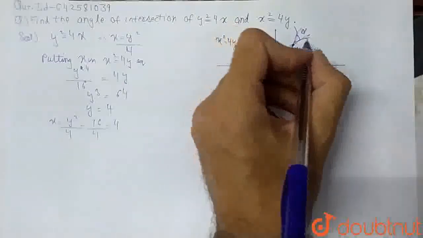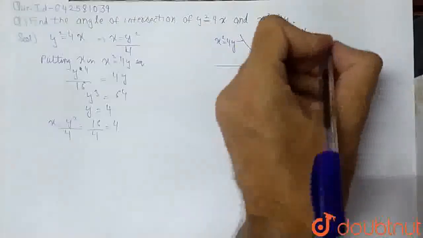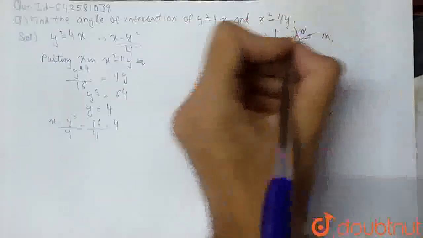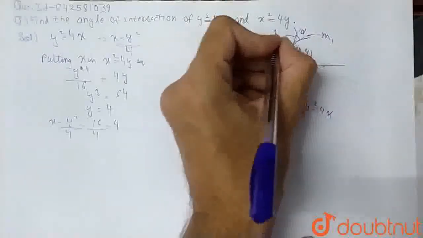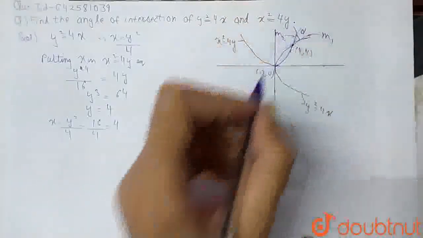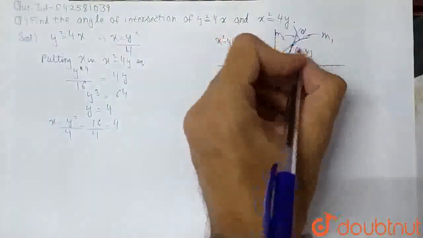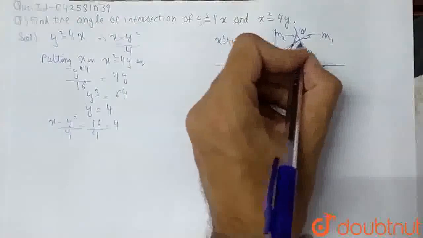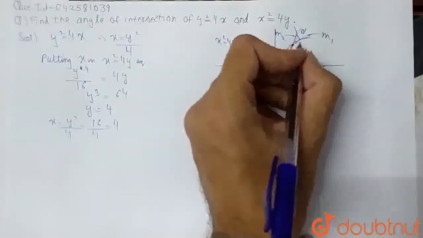Let us suppose this tangent has slope m1, and the tangent for this other equation has slope m2. So we have two slopes, m1 and m2. Now we have to find the angle of intersection for these two curves, so in between they make an angle alpha.